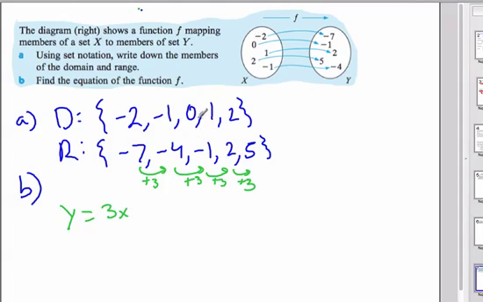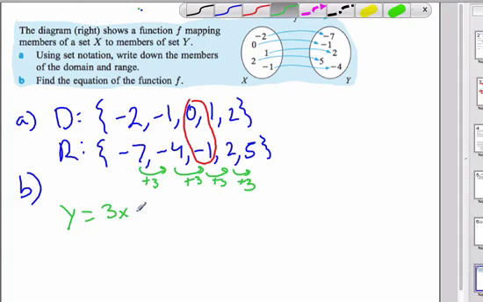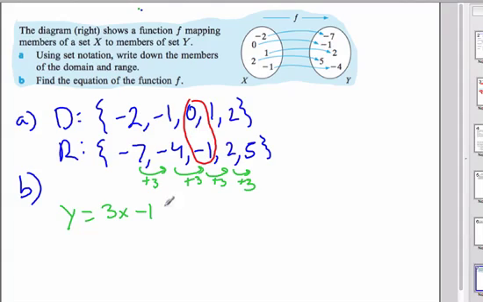The key is to look at this number right here, and you can figure that out. If the x value is 0, then you want to get a -1 value for your y value, so this has to be a -1. Then if you put in 0, you'll get a -1 value for y, just like it shows us in the set notation for domain and range.